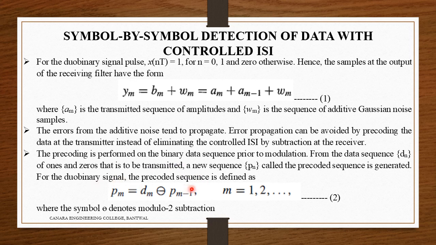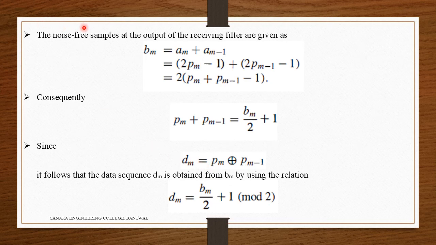For the duobinary case, the pre-coded sequence is defined as p(m) = d(m) minus p(m-1), modulo 2, where m = 1, 2, and so on. The symbol minus denotes modulo-2 subtraction. The noise-free samples at the output of the receiving filter are given as b(m) = a(m) + a(m-1), where a(m) = 2p(m) - 1.